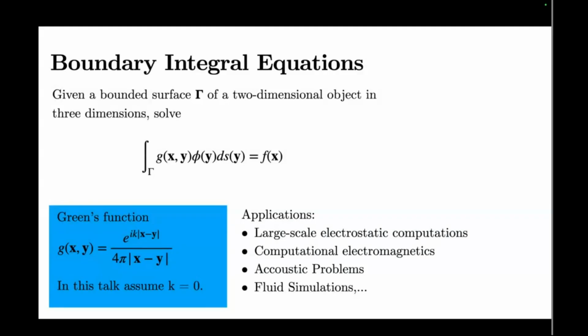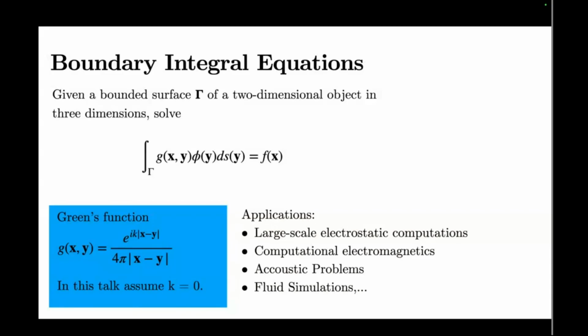The general Green's function we're interested in is of the form e to the ik abs of x minus y divided by 4 pi abs of x minus y. However, in this talk we're always assuming k equals 0, so that we really have what we call the Laplace Green's function, which is just 1 over the distance of the points x and y scaled by 1 over 4 pi.